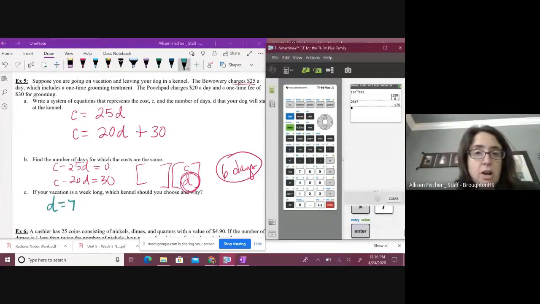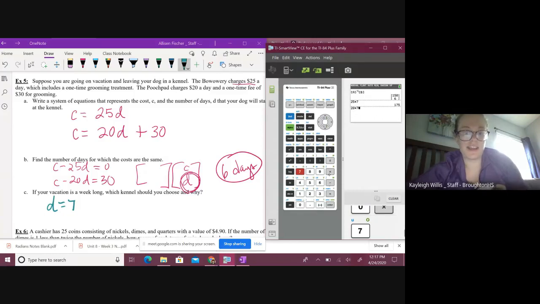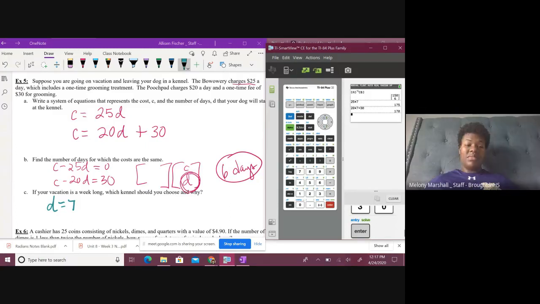And maybe you have a preference for one of them over the other. Maybe one has better accommodations in your opinion. Also, for those of you that took the ACT or SAT, this doesn't specifically say use matrices, but when it's hard systems of equations, this could save you a lot of time on the ACT and SAT.